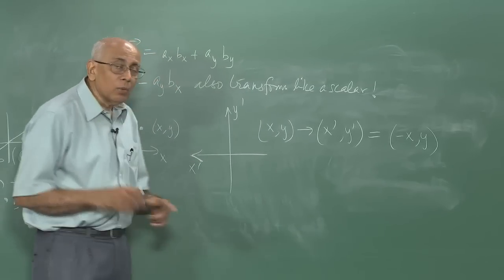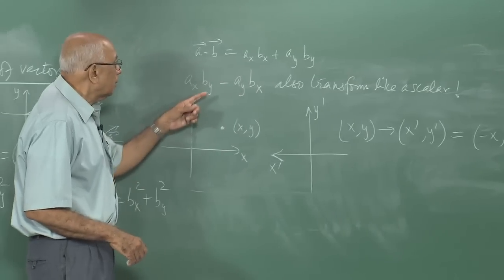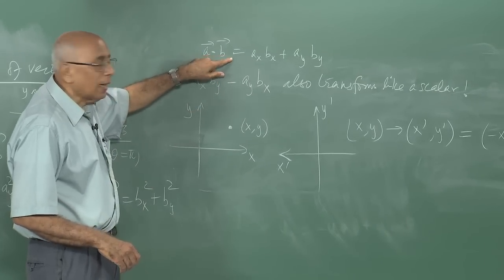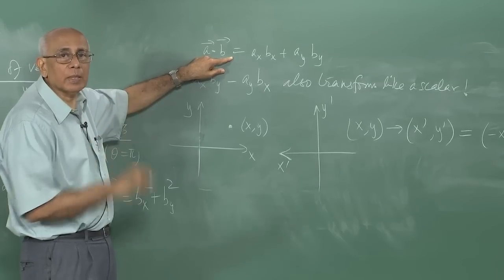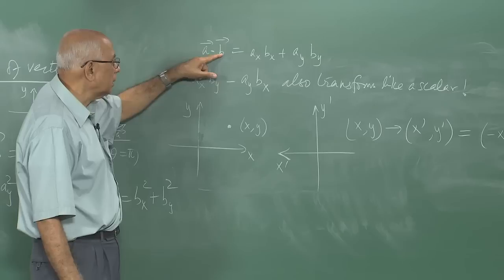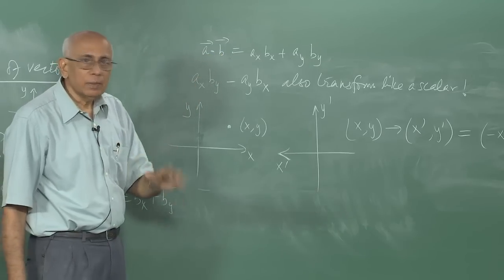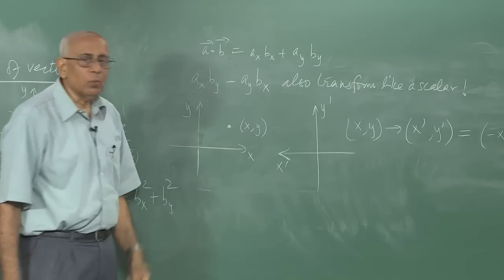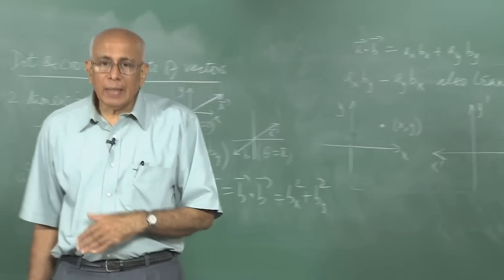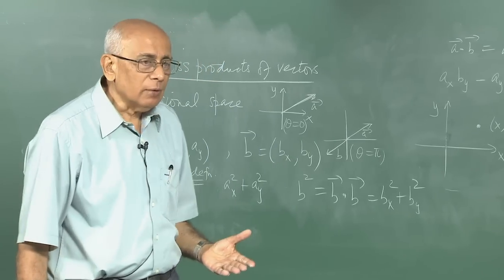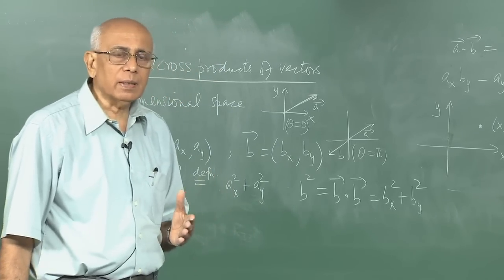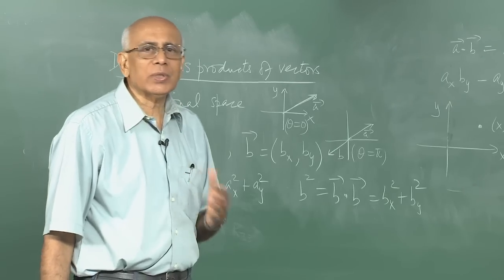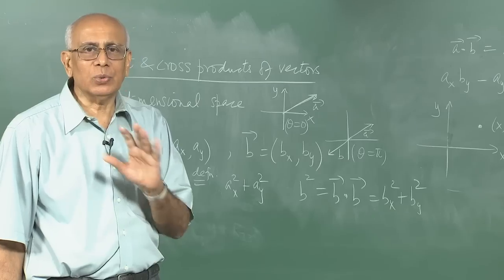What we will see next is that while the distance does not change under that kind of transformation, this kind of quantity will change. It will in fact become minus itself, and therefore it is not quite a scalar, it is a pseudo scalar.